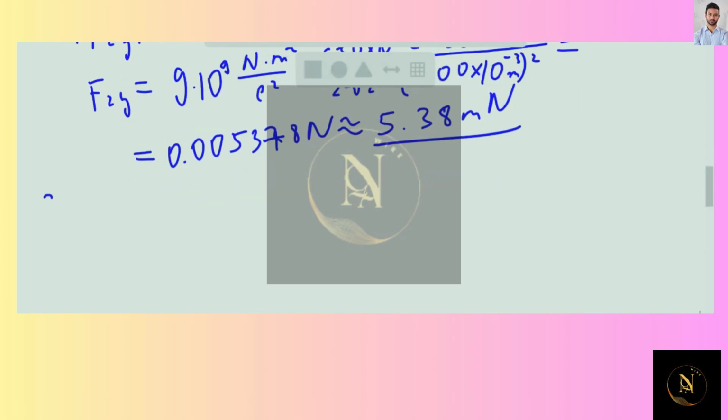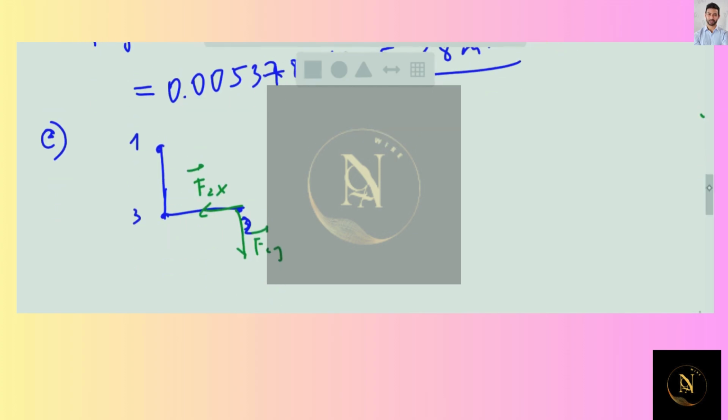Now we have to find the total value of the force, the total magnitude of the force. Let's sketch the system again. So here F2x is directed to the left, F2y is directed down, and as we know F2y is higher than F2x.